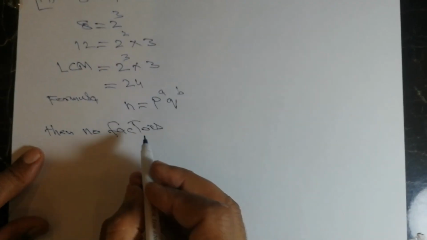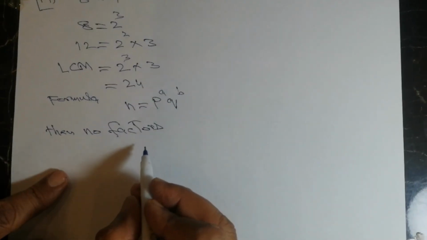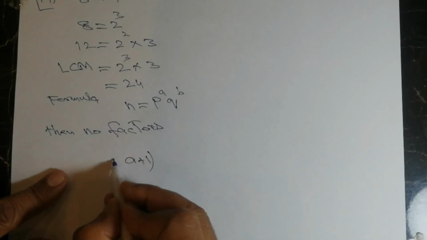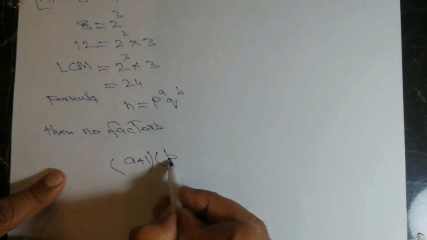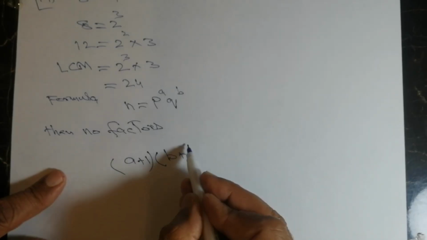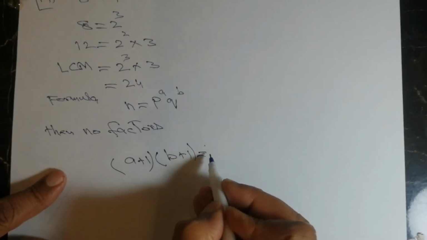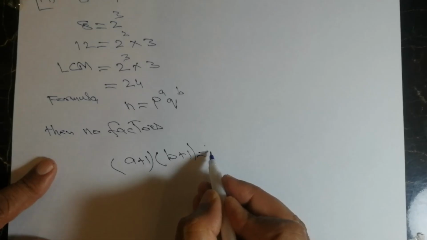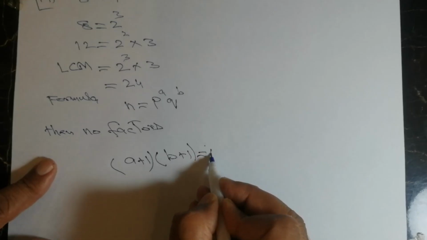From this formula the number of factors is (a plus 1) times (b plus 1), and the required number of factors is 16.